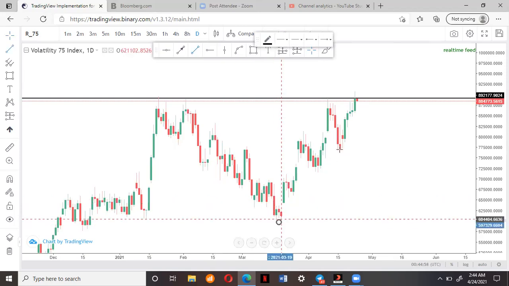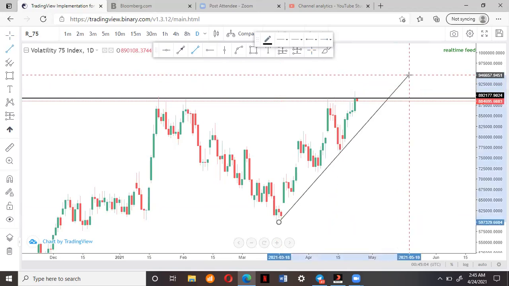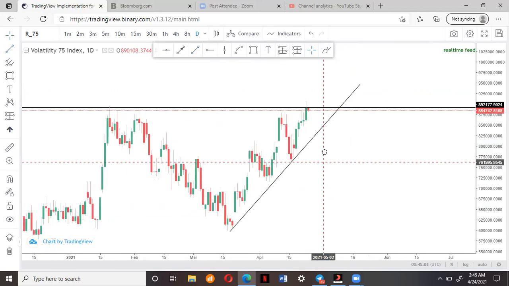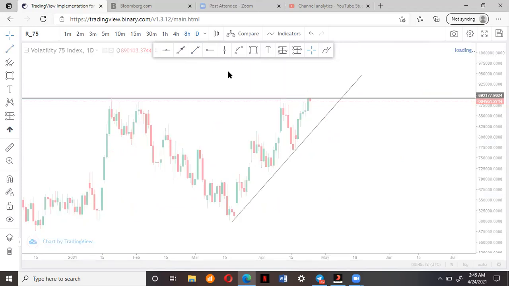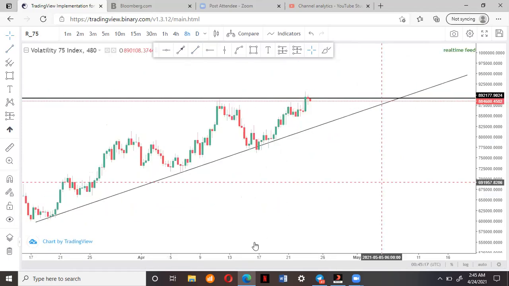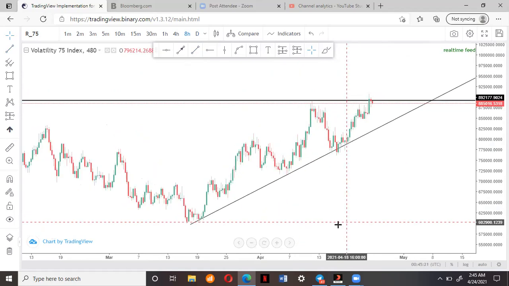We are not yet done with our buys. You can just draw a simple trend there. However, we are going to have a bit of up and down because that's how it moves. So you just have to wait for the right time.